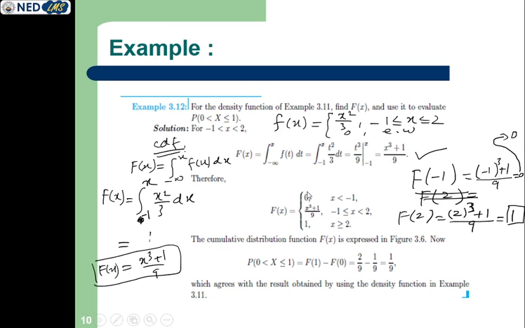Always this answer becomes 0 and 1, students. So 0 is written above the given function and 1 below it.